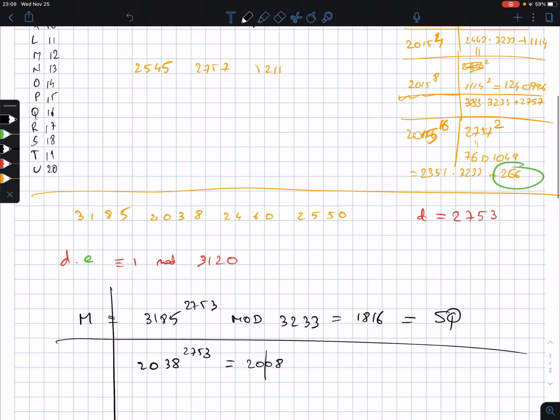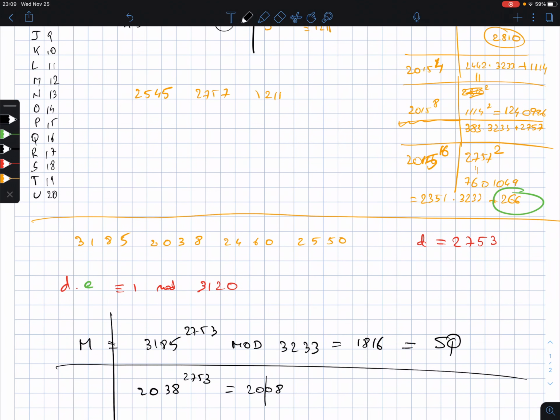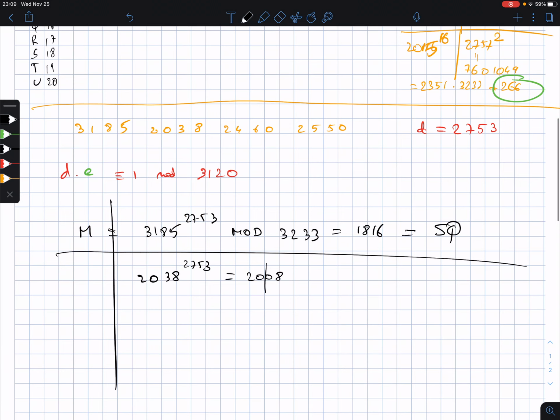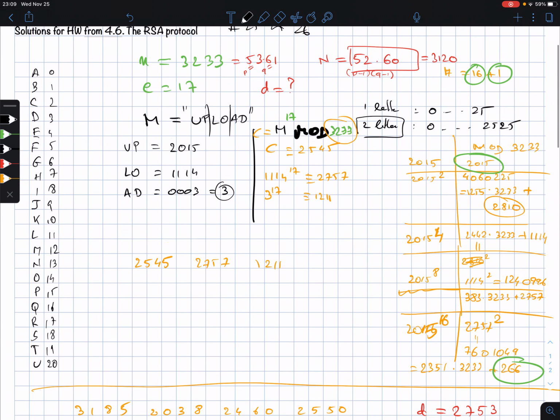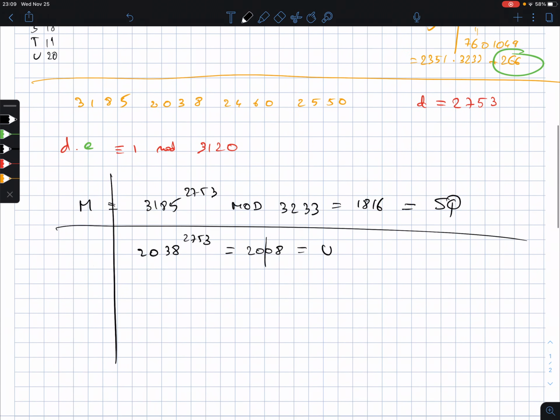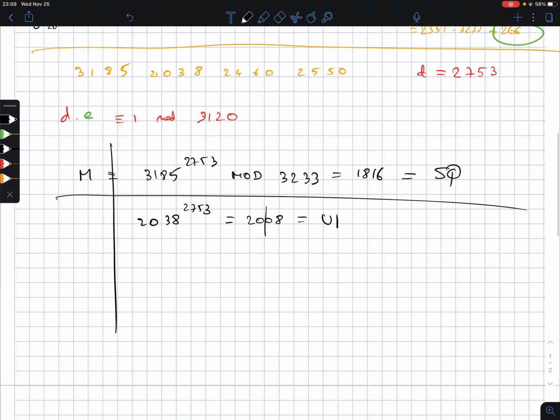So this represents, 20 represents the letter U, and 8 represents the letter I. What is it trying to say? Squee. Okay, squee. Okay, good. Squee what?